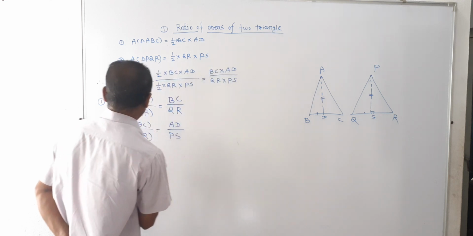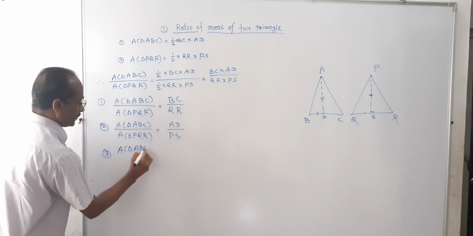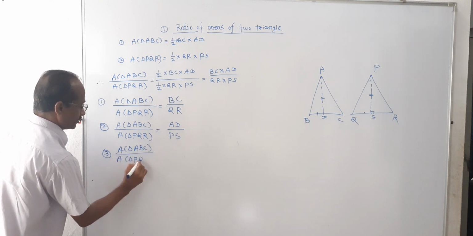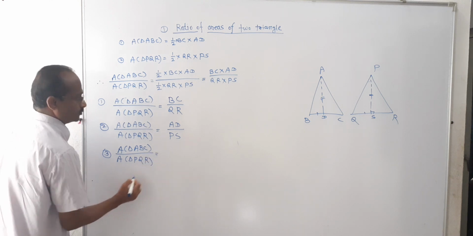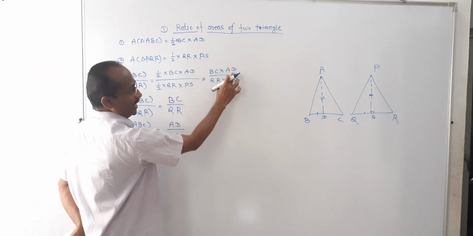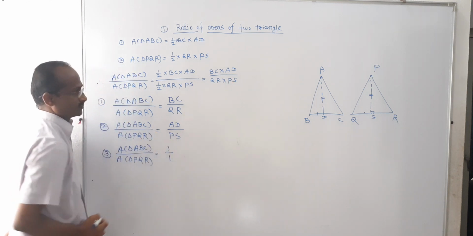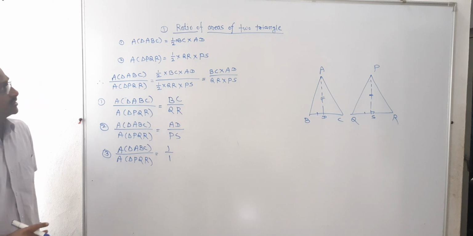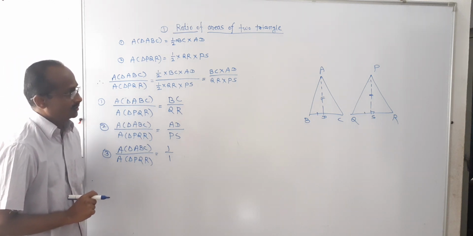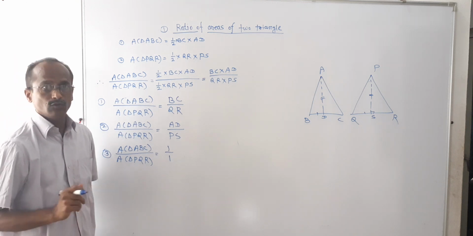Then what happens? Area of triangle ABC divided by area of triangle PQR equals, as base is equal, they get cancelled, height is equal, they get cancelled, and therefore 1 by 1. So these are the different properties of the ratio of areas of two triangles that can be used to solve problems depending upon the ratio of areas of two triangles.